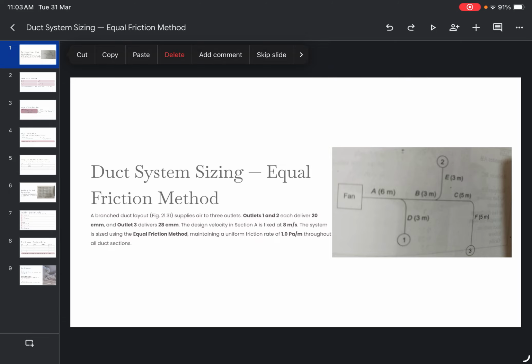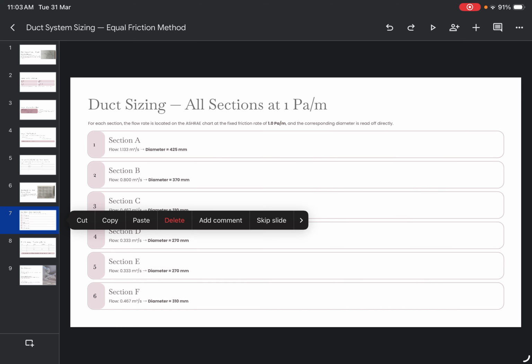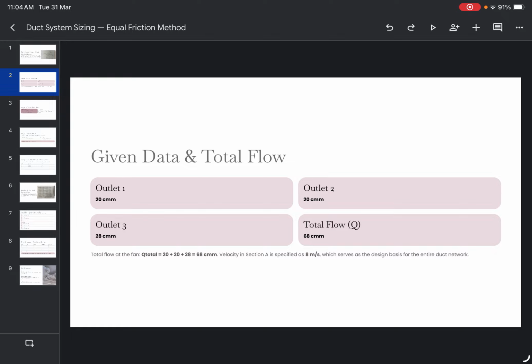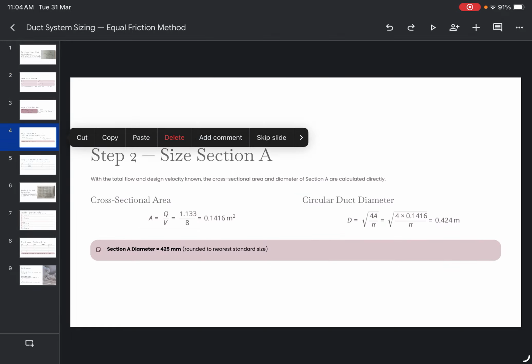Here, for this 20, you have to convert this. I had converted these to cubic meters per second. So 68 is 1.133, 20 is 0.33, 20 is 0.33, 28 is 0.467 meter cube per second, and section B is 48.